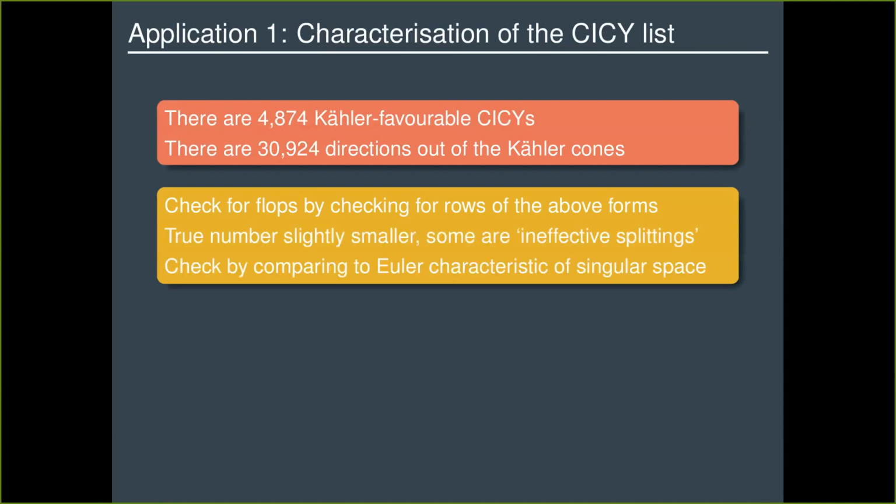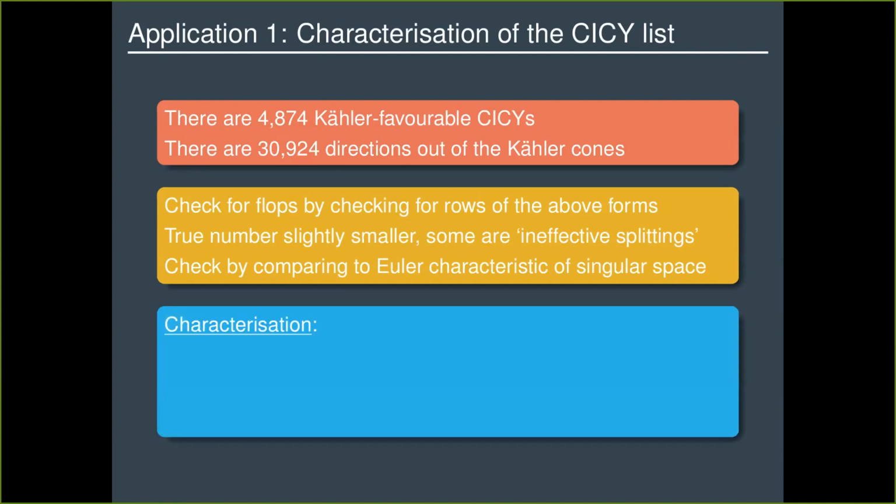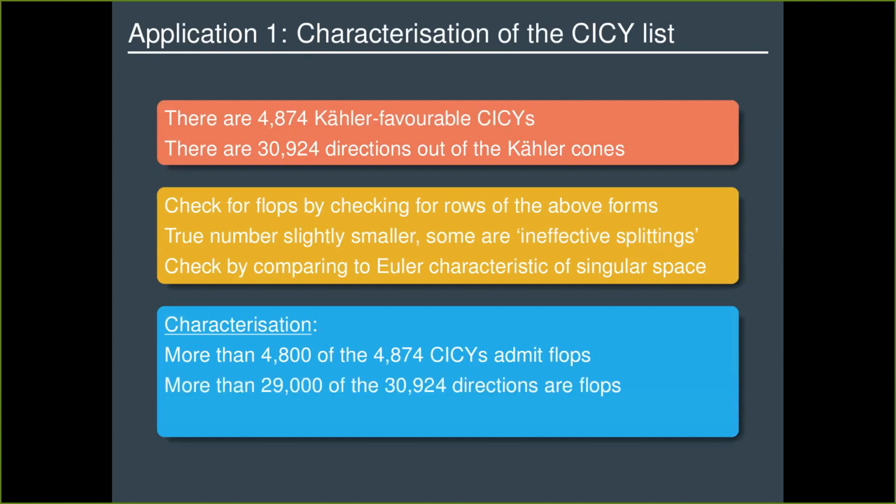This is slightly not true because the true number is a little bit smaller because there are some what are called ineffective splittings where actually it's not truly a flop because nothing shrank, but this is a really small number. And you can check this by comparing to the Euler characteristics of the singular space to see if something actually shrank or it didn't. So what you see if you just carry this out, it's very easy, is you find that pretty much every single CICY admits one of these non-ambient space flops.